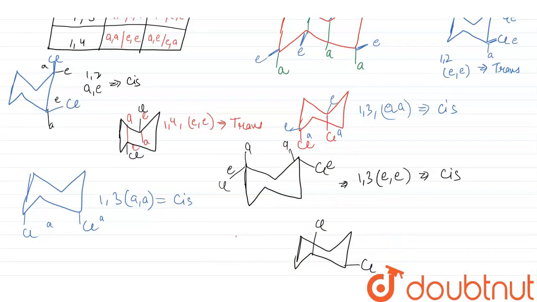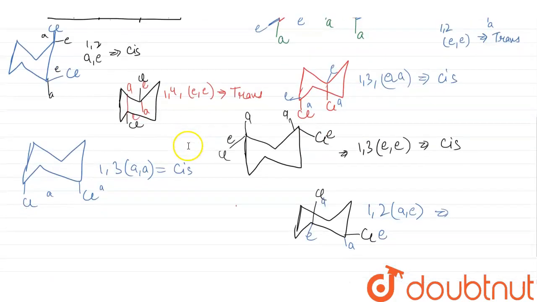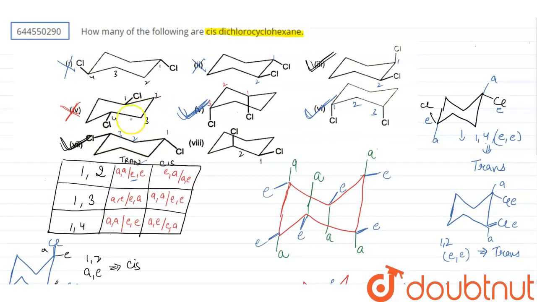Here we can see clearly that this one is equatorial, its axial is here, and this one is axial, its equatorial is here. So this is 1-2 equatorial axial. You can see in the table, 1-2 equatorial axial is cis. So we have the 8th also cis.